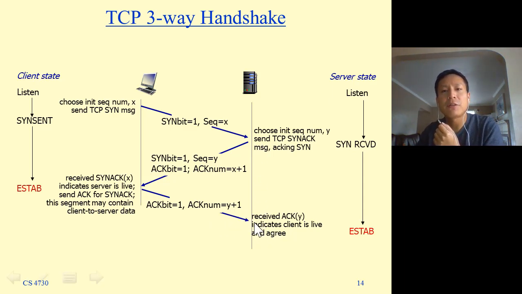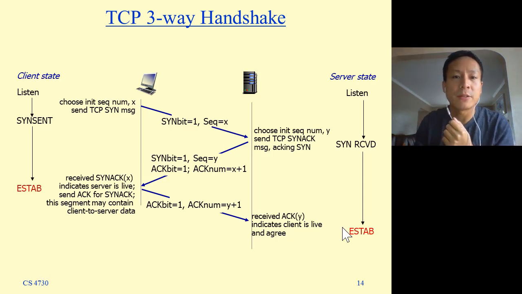After this confirmation is received by the server, the server side is also established. So only after this three-way handshake are both ends confirmed and synchronized. Then they are ready to begin sending data. Make sense?